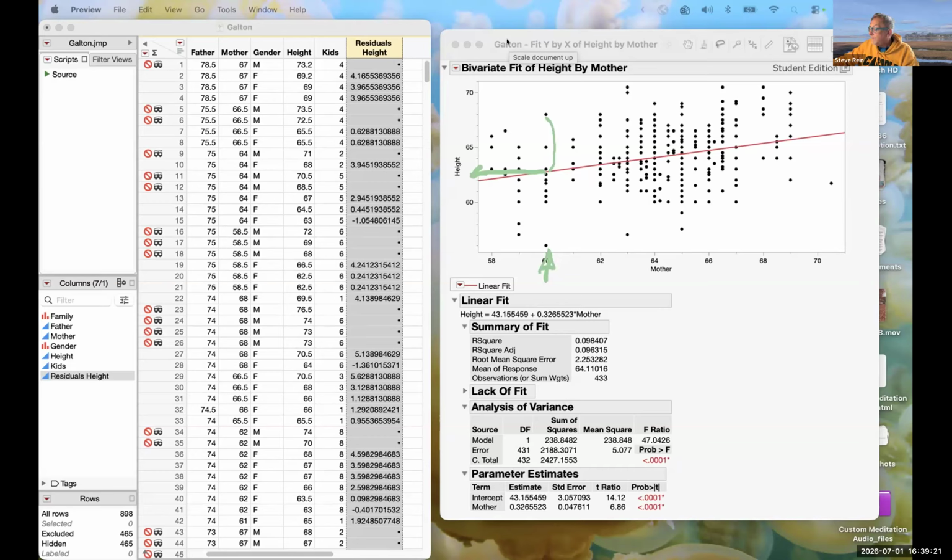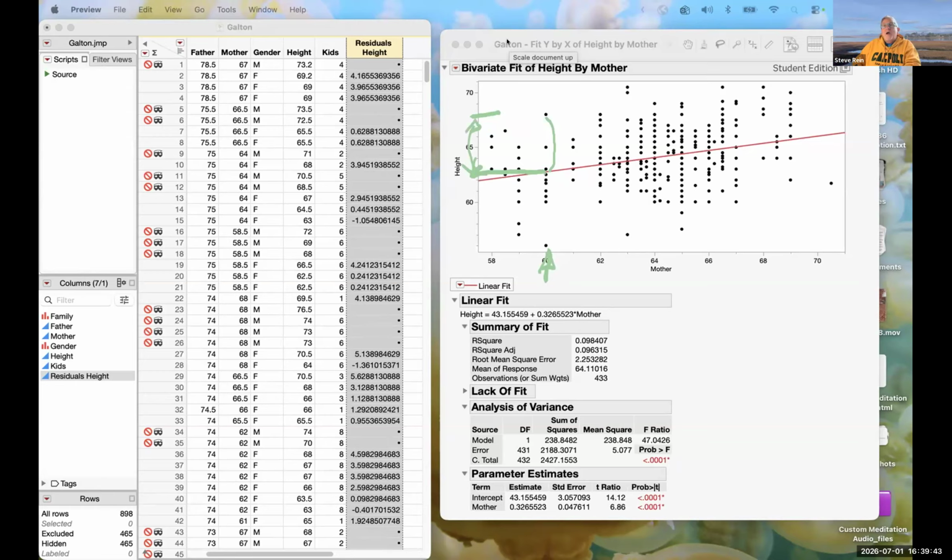But this particular individual was 67.5 inches. And so how far off is she from where you would have predicted her height would be based only on the data set, but not knowing her individual height? You would say we're off by about that amount.